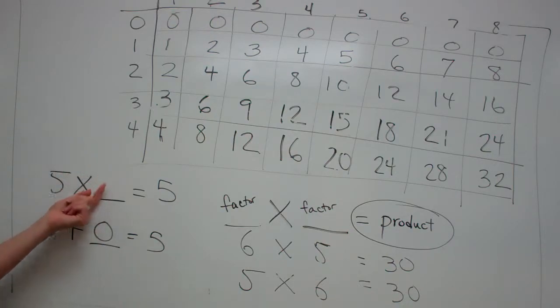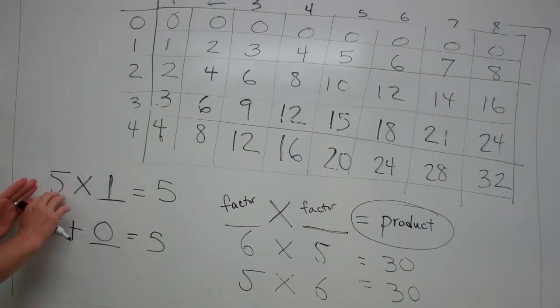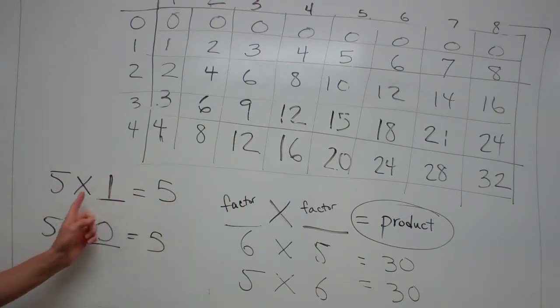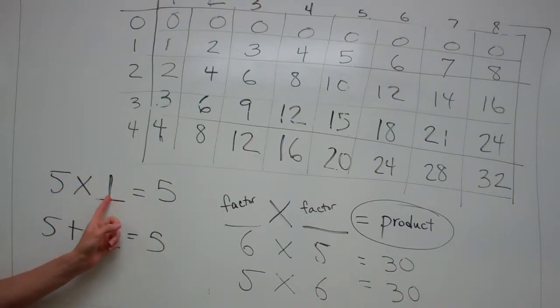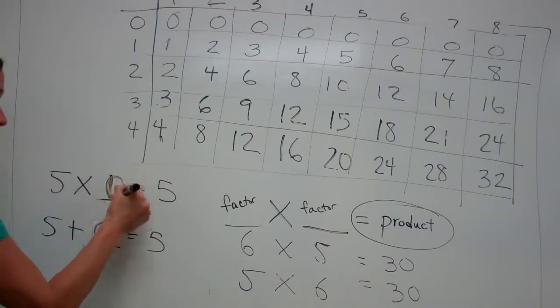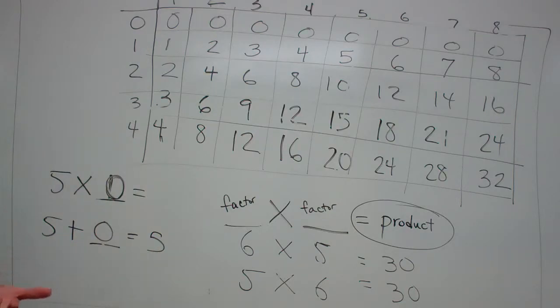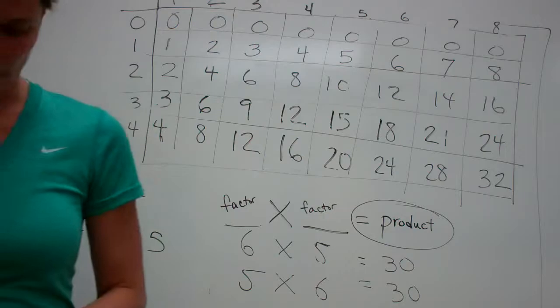So this one has to be the identity property. The identity property means if I have 5 as my identity, that's who I am. I am number 5, and I want to keep number 5. I have to multiply it by 1 to keep 5, right? If I multiply it by 0, I don't get to keep my identity, so therefore it's not the identity property. Just a quick little learning on that.